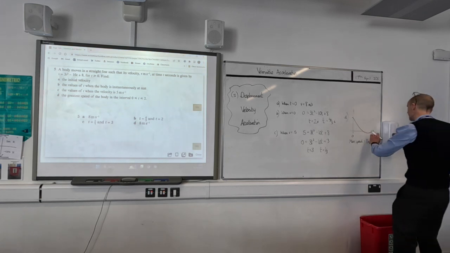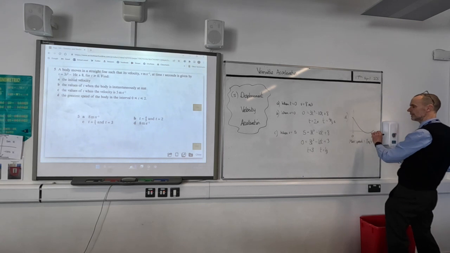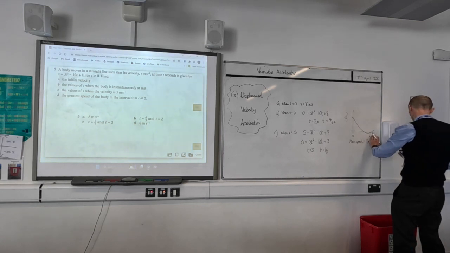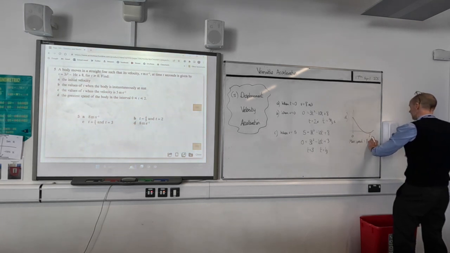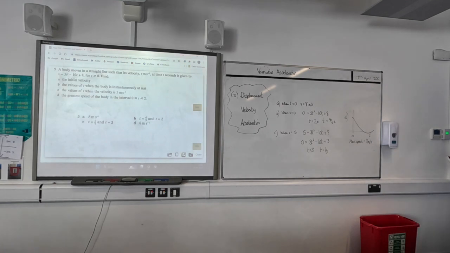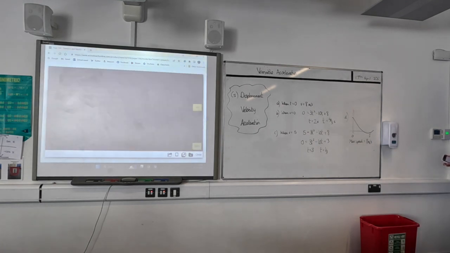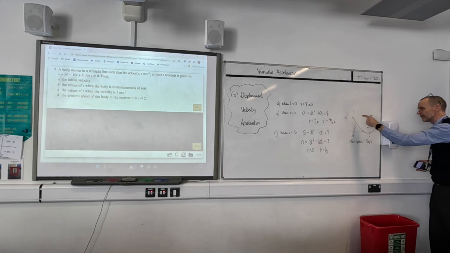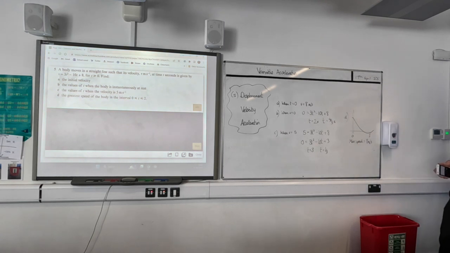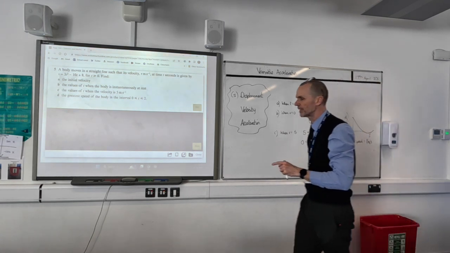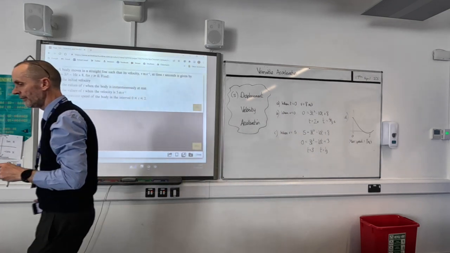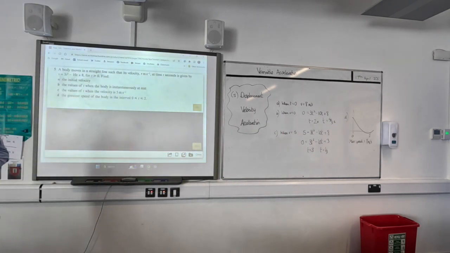Sorry, that sketch is wrong, isn't it? And because it's a parabola, its maximum speed will either be at that end or that end, so it's clearly at that end, so that was enough justification for that. You crack on through the rest of those exercises. So we're on, for those at home, page 184, exercise 11A.